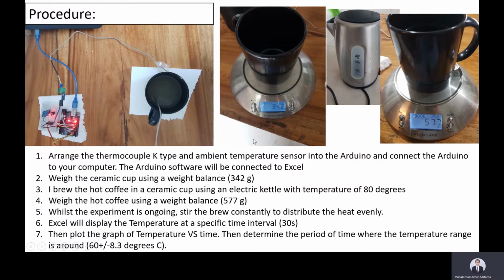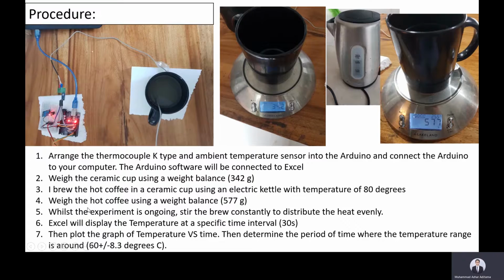This is the procedure. We have the Arduino connected to the computer, a thermocouple attached to the walls of the cup, and a thermocouple inside the cup. Next, I will weigh the ceramic cup using a weight balance. I will brew the coffee and pour it into the cup, and afterwards I will measure the weight again.